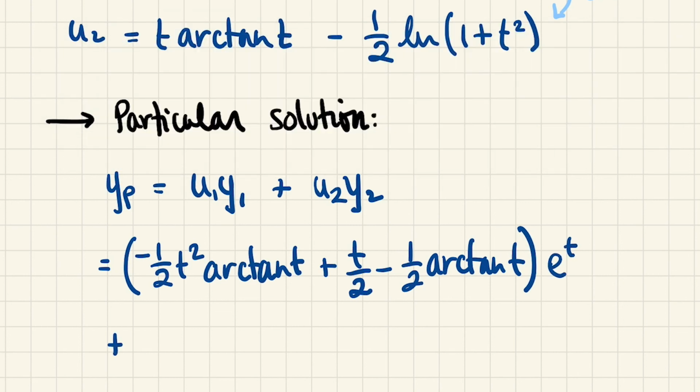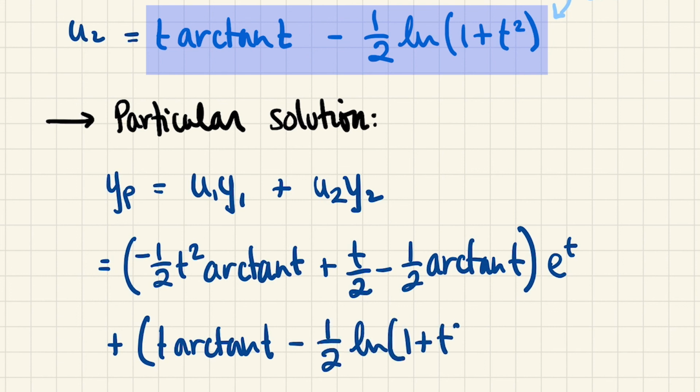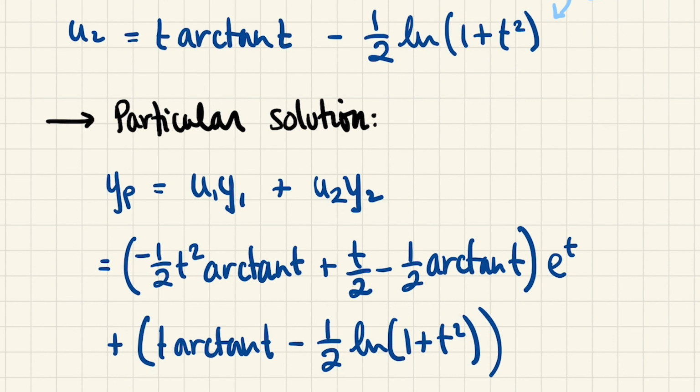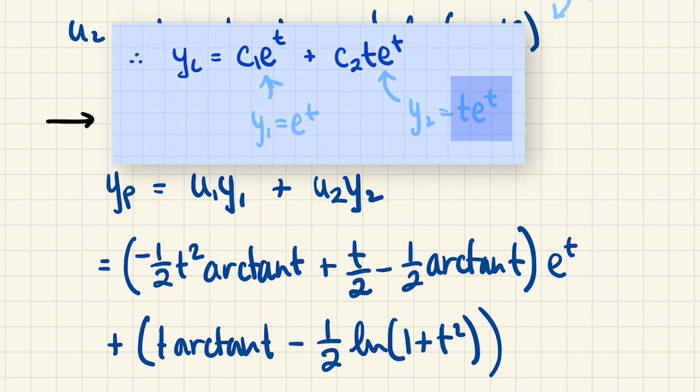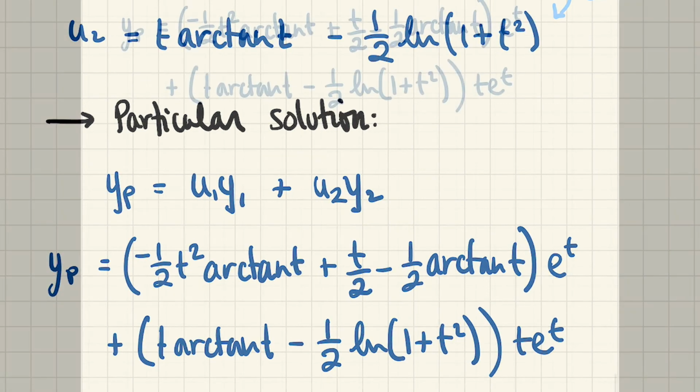And we're adding to that u2, t arctan t minus 1/2 ln of 1 plus t squared, multiplied by y2, which was t e to the t. Okay, so this is our particular solution.